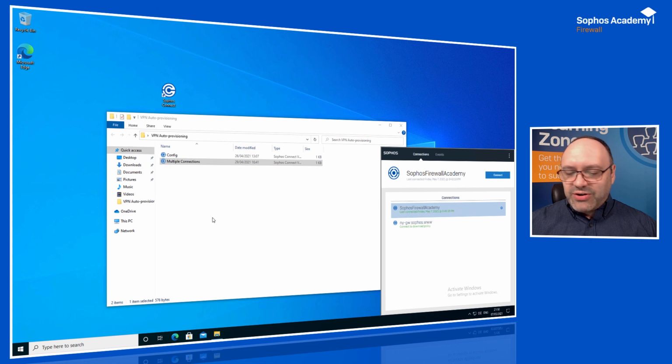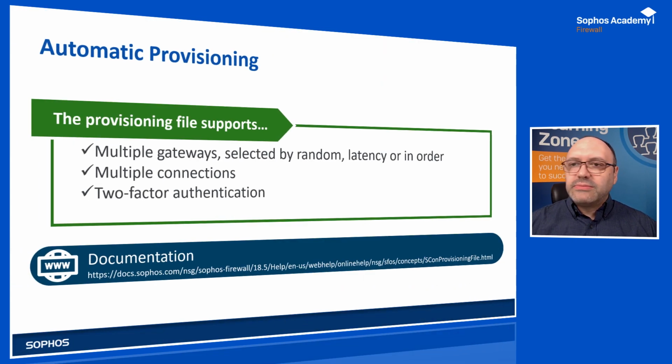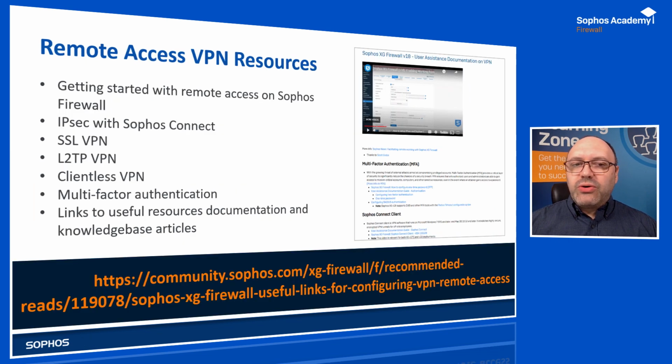Now, for a few additional resources, let's jump back to our slide deck. And take a look at this. There is a new recommended reads on the Sophos community that details a lot of useful information on configuring remote access VPNs on Sophos Firewall, along with links to other helpful resources.